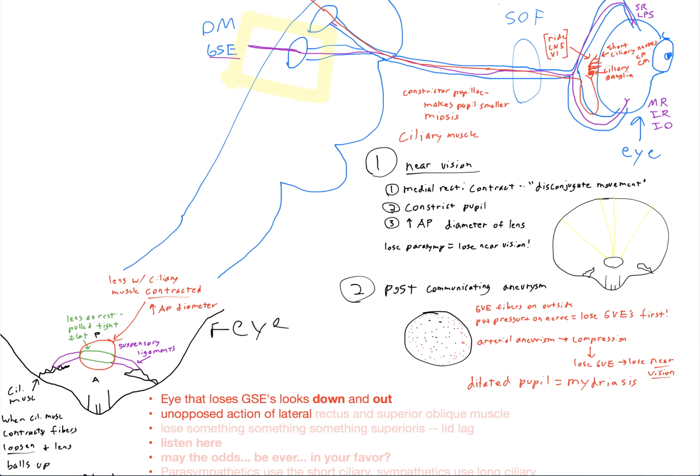It just moves when you look up. Okay? So if you lose your levator palpebrae superioris, you have lid lag. So your eye is moving, but your lid is lagging behind the movement of your eye. So like literally you'll just be looking at the back of your lid. Okay? It's not super noticeable because all they can really do is look down and out, but just know that that's what would happen if you lost that muscle.